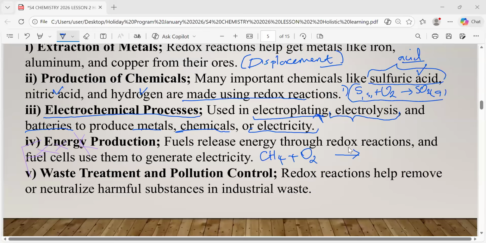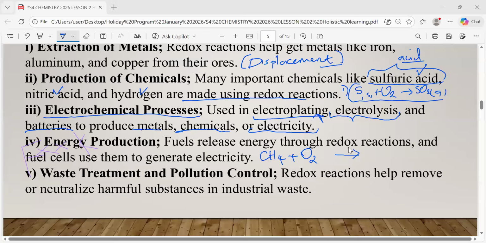Energy production involves the transfer of electrons, releasing significant energy as electrons move from low electronegative atoms to more electronegative ones like oxygen. That's what I know about that point.